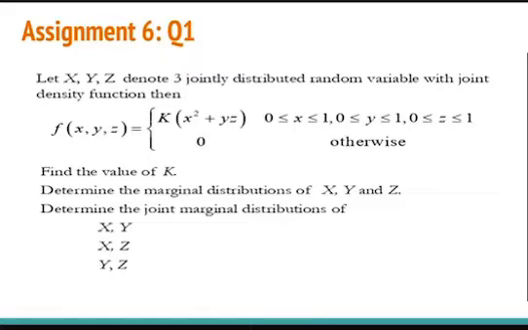Any question? And the range of z is what you're going to use. Don't forget. Of course, you know what to do. Here, as you can see, find the joint marginal distribution of all of that. Any question on that?